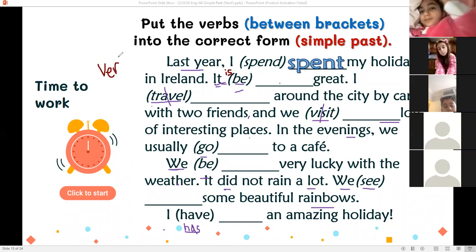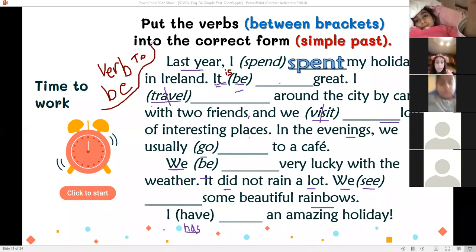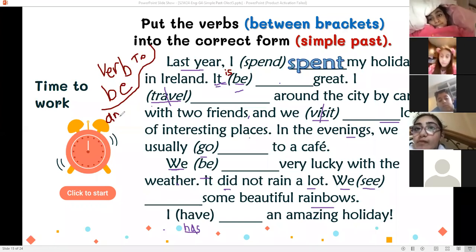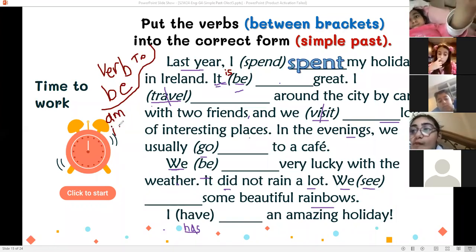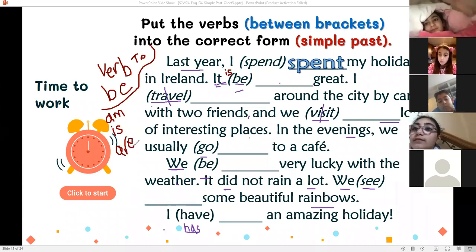There is something in English we call it verb to be. These are helping verbs. Okay. And sometimes they are the verbs. What are these verbs to be? Am, is, and are. Okay?